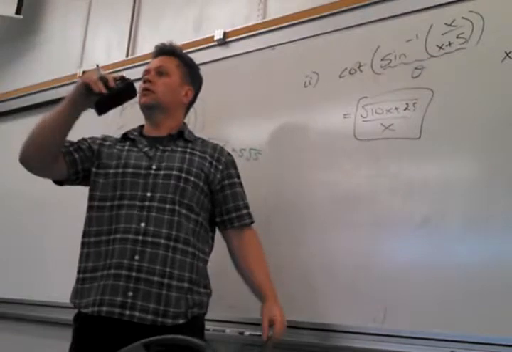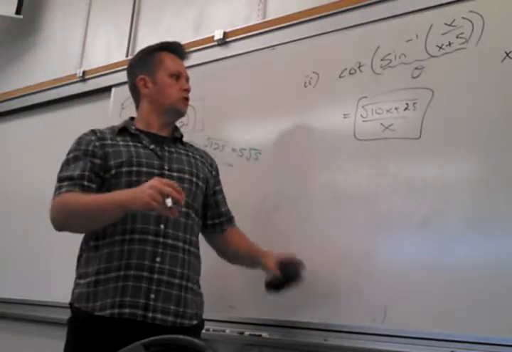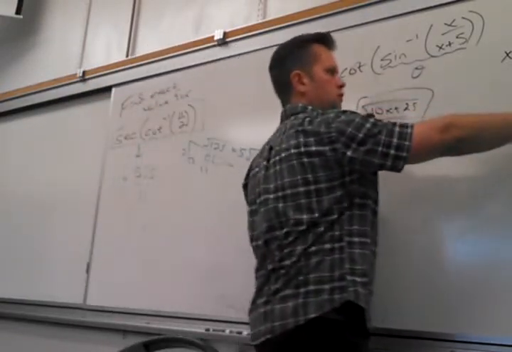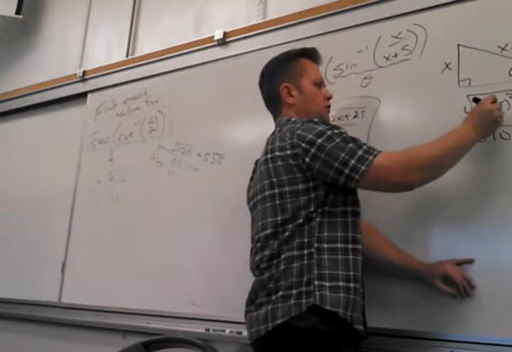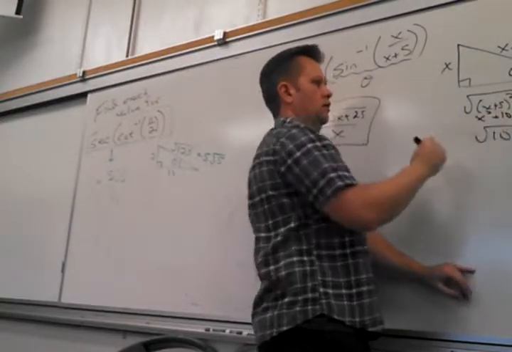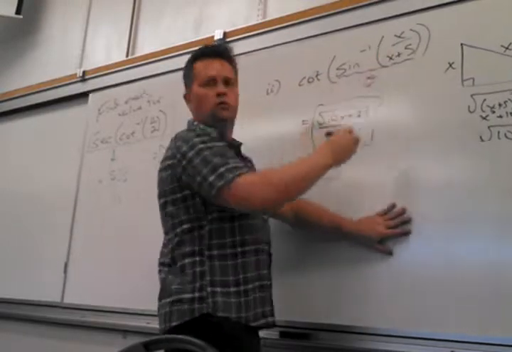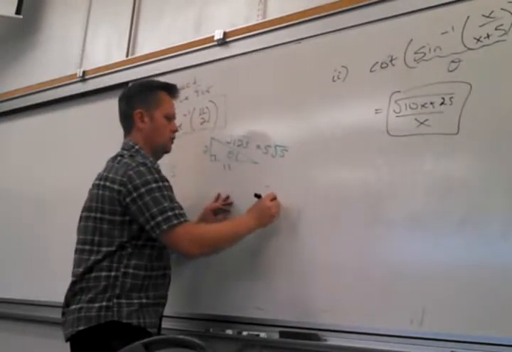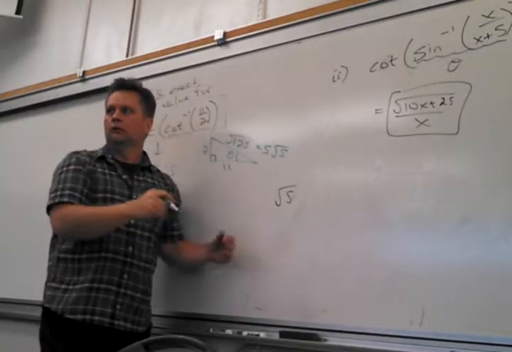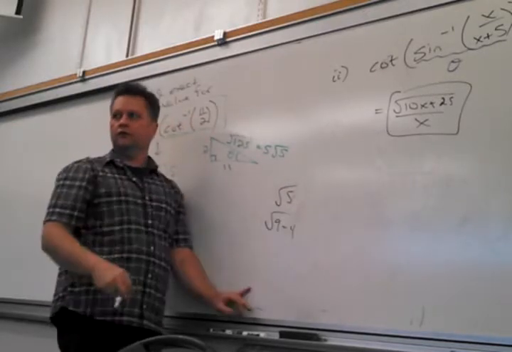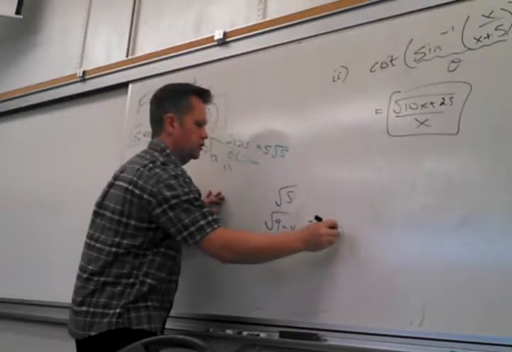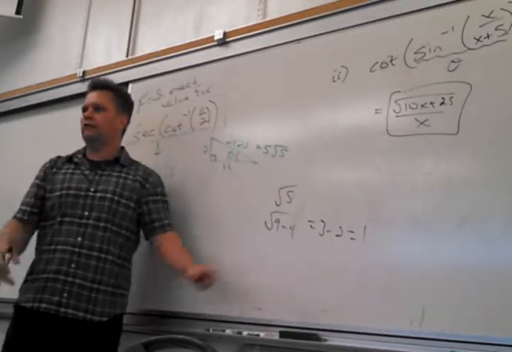A student asks about the square root here. You FOIL this out, right? Can you just take the square root like that? What's the square root of 9 minus 4? It's the square root of 5. If you think you can do what you just said, you'd get an answer of 1.